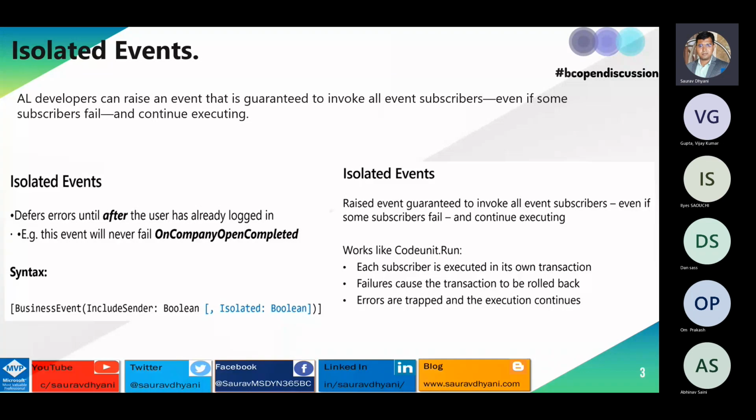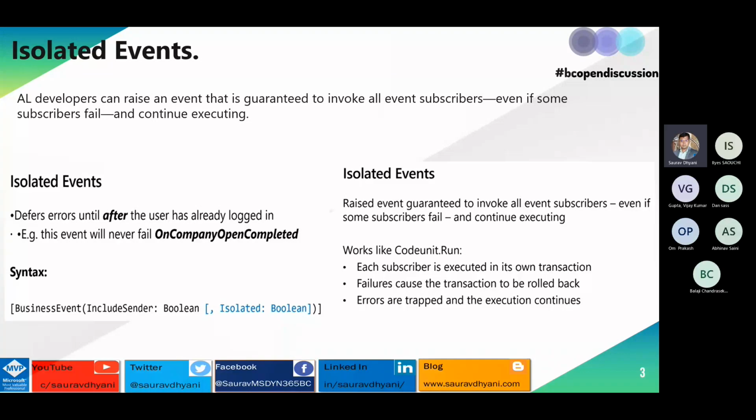So the situation is like a user is trying to open a company and you have written some code which is failing, and for that reason the user can't access the environment. With an isolated event, if there is an error, as we saw last week with a small example that we tried to create, it will not show you an error message and it will just continue on to other subscribers if they exist.